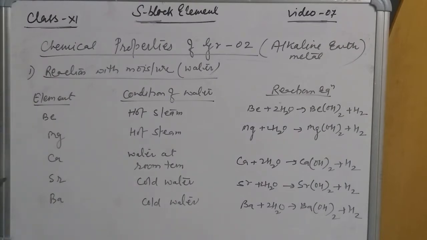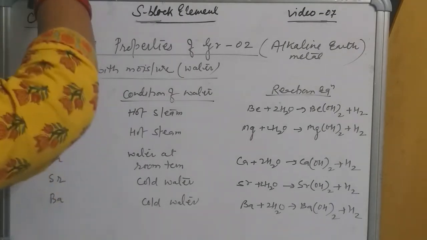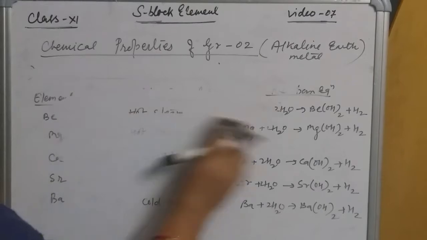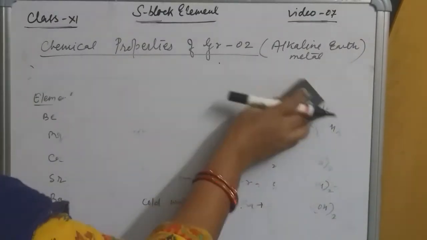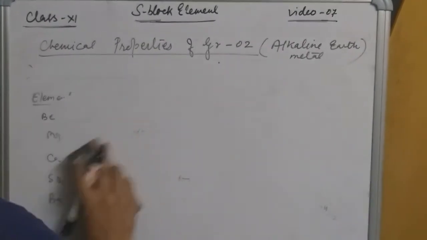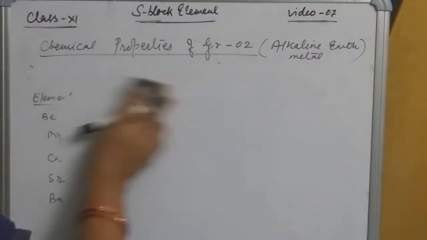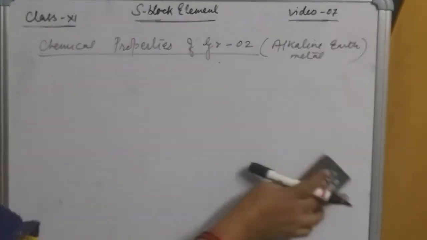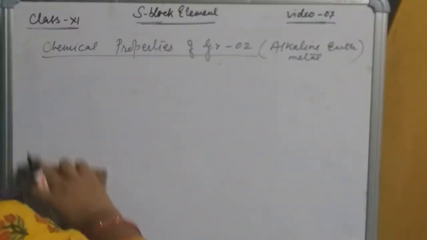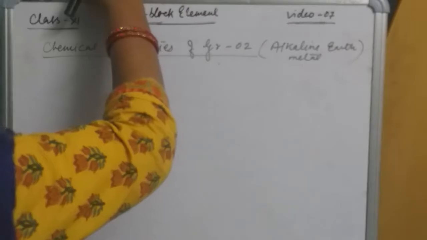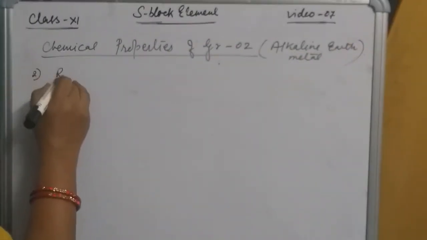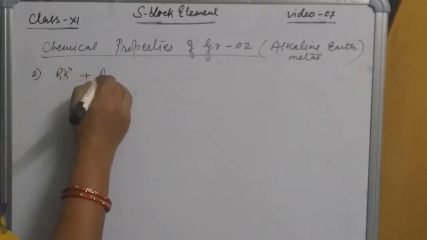The most reactive elements are the group 1 members, and group 2 members are less reactive than group 1. Next reaction is the reaction with alkali.